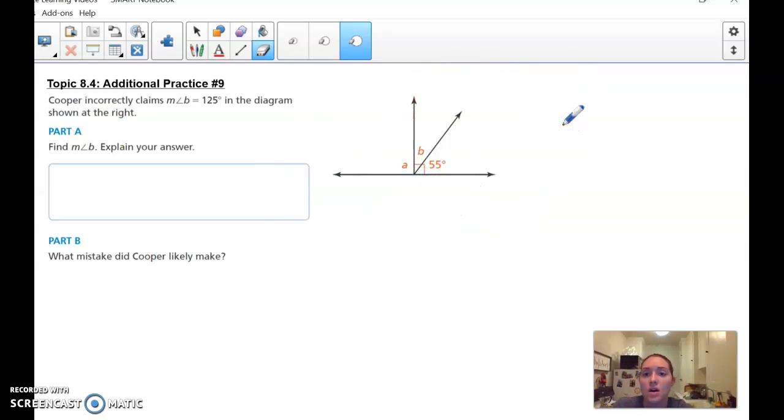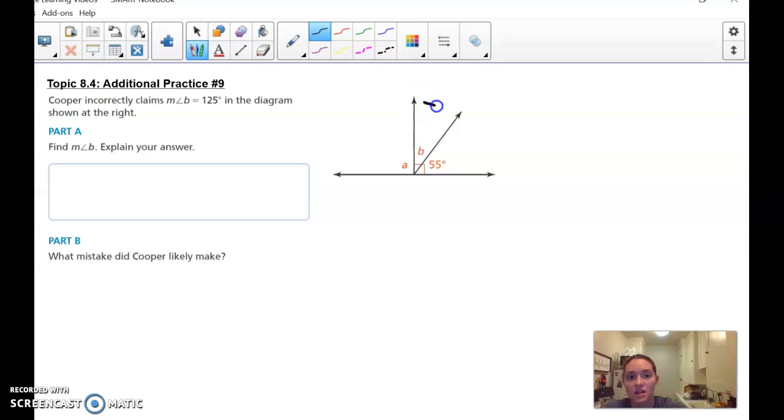It says that Cooper claims that the measurement of angle B was equal to 125 degrees. But we can see right here that B plus 55 should equal 90 degrees.